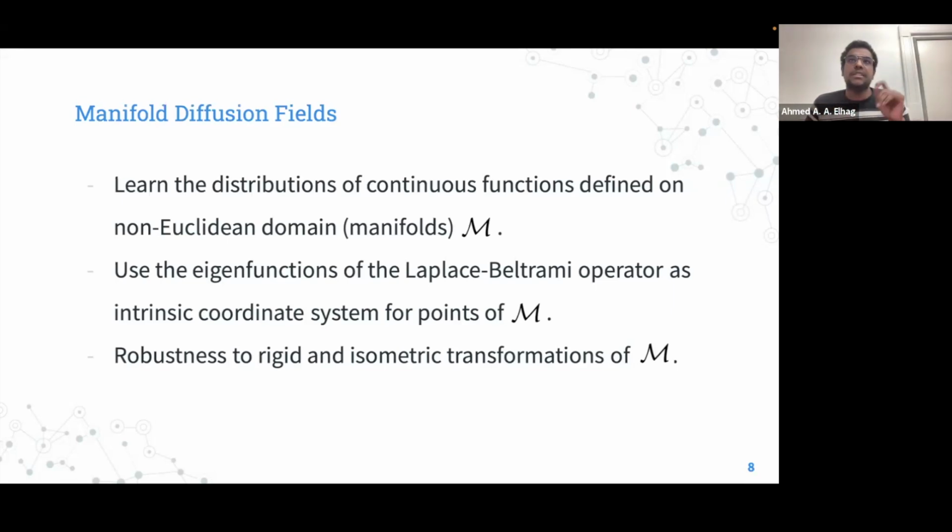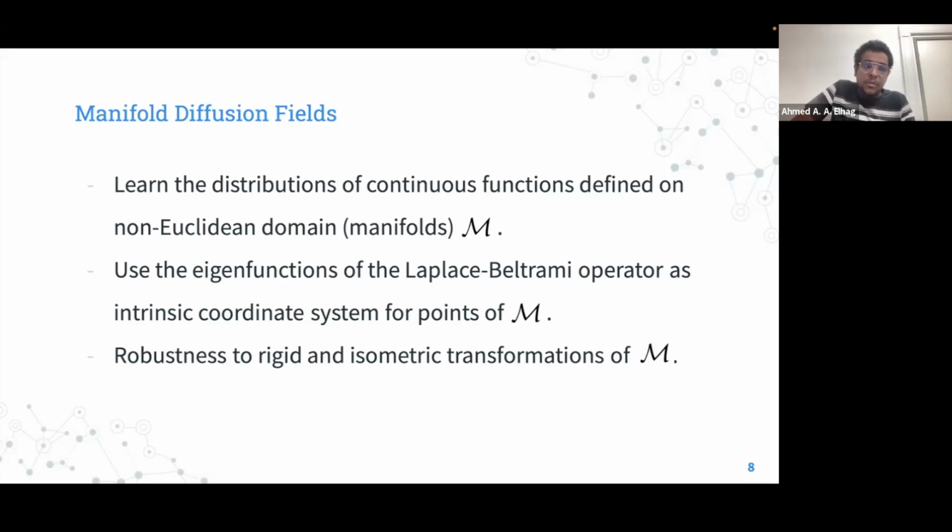The main idea is to learn the distributions of these signals over your manifolds, and to use the eigenfunctions of the Laplace-Beltrami operator as intrinsic coordinate systems. So for every point, you have a set of intrinsic coordinates, or eigenvectors, in R^k.